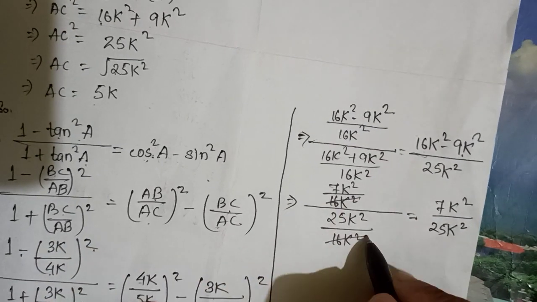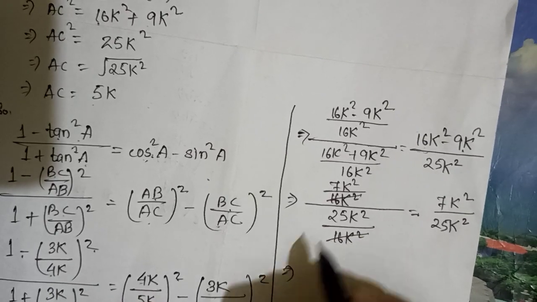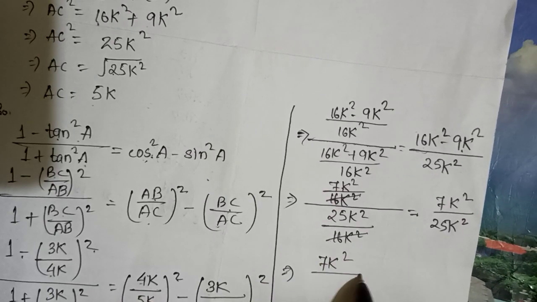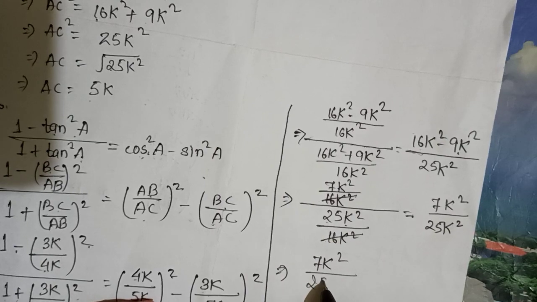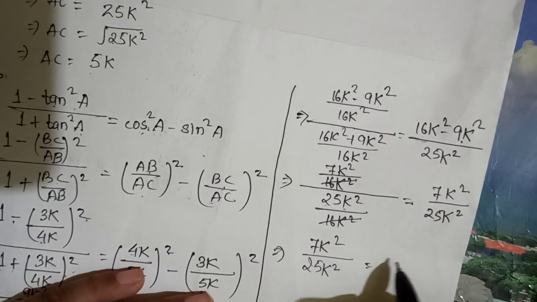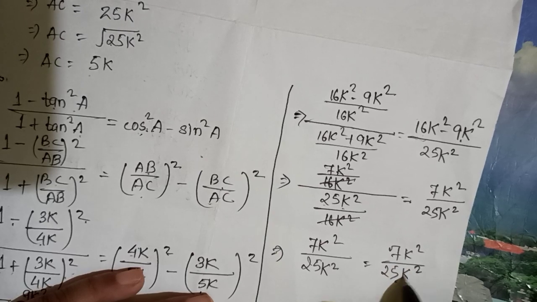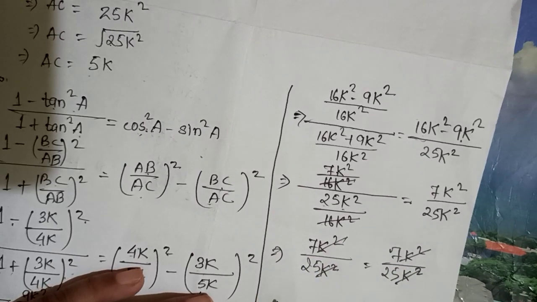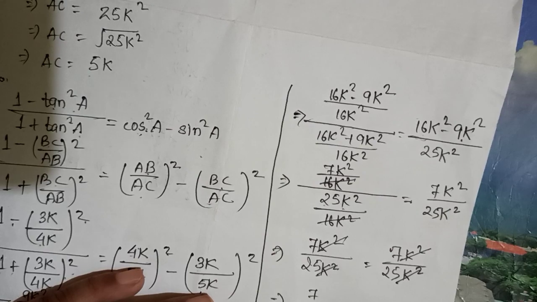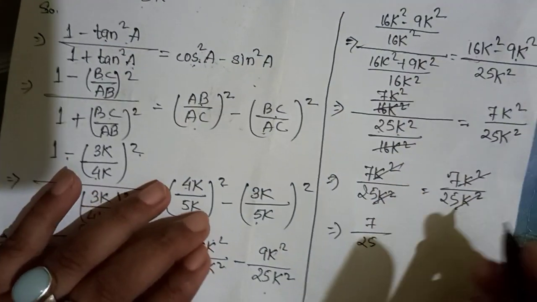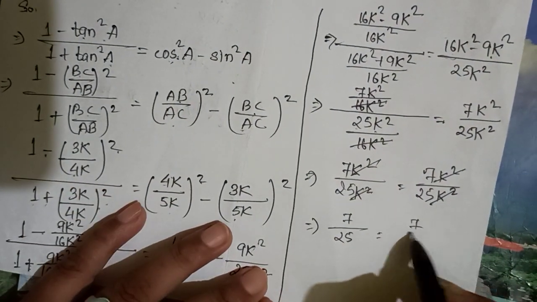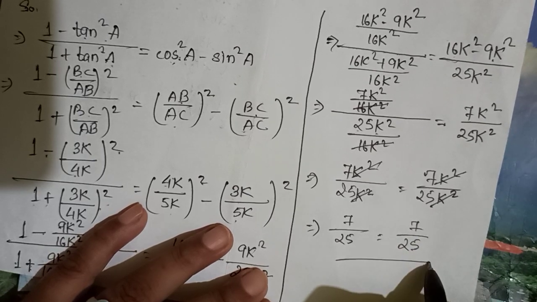So the denominator 16 we can cancel. We get here 7K square divided by 25K square. K square cancels. It is 7 by 25 equals 7 by 25. Hence proved.